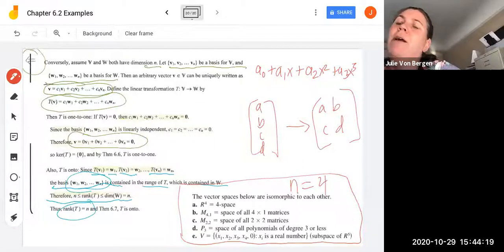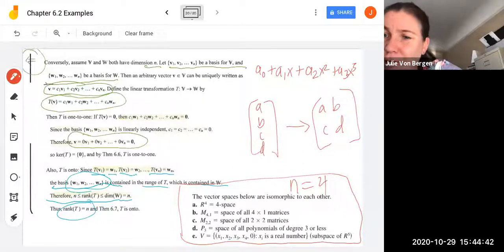So you see how those coefficients could map back to R4, and you can certainly have 0 coefficients in P3 because these are polynomials of degree 3 or less. So if A2 and A3 are 0, then you have just a 1st degree polynomial. And so that's okay because these are not just polynomials of degree 3, they're degree 3 or less.